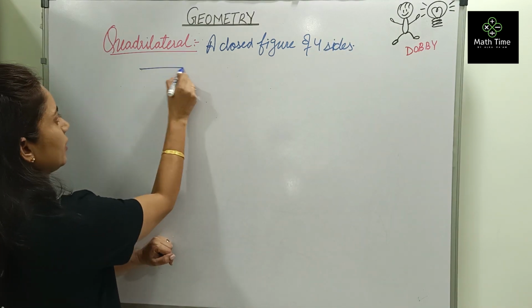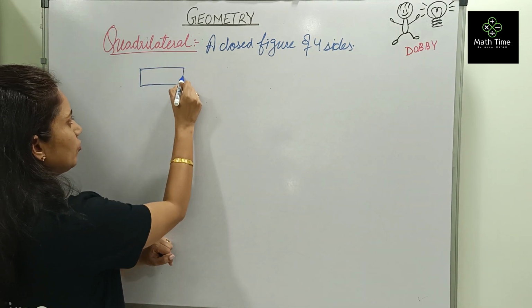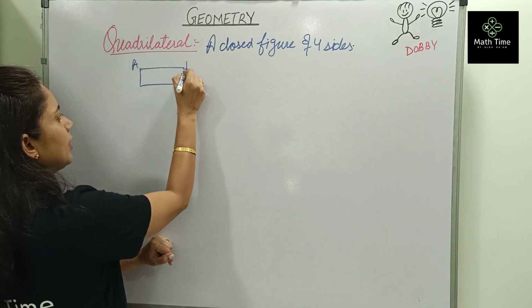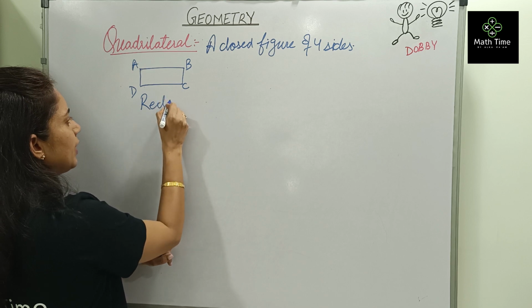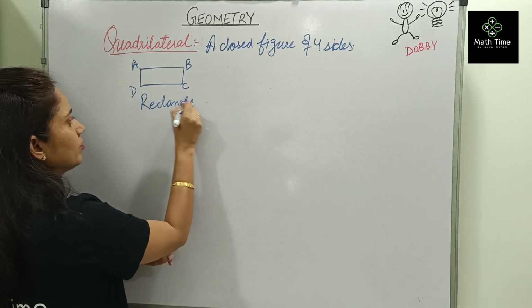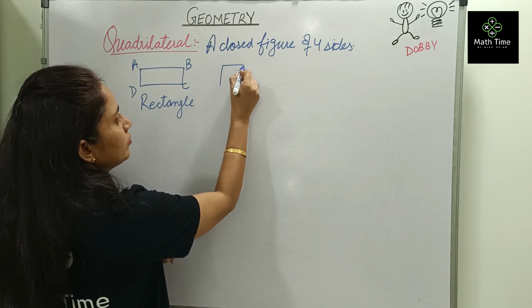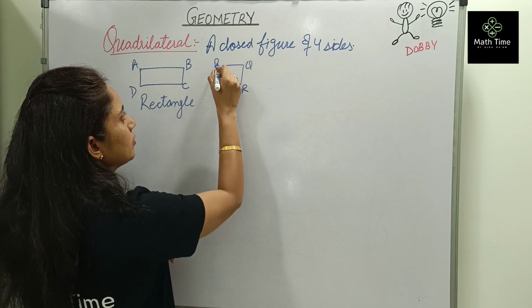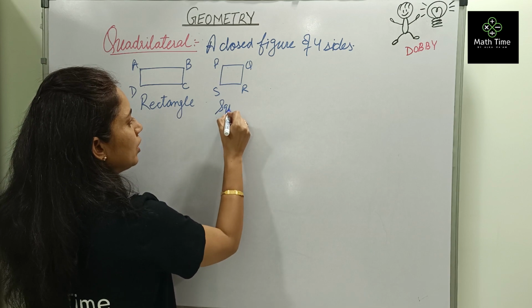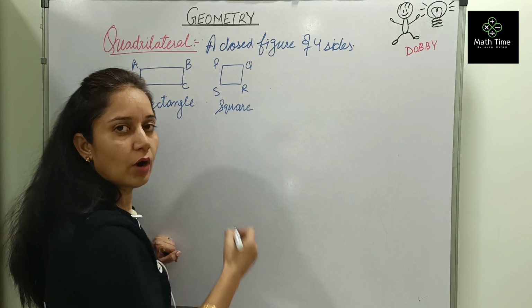It may be a rectangle. This you know, it's a closed figure of four sides. A, B, C, D. So, rectangle comes in the category of quadrilateral. It may be a square. P, Q, R, S. So, square also comes under quadrilateral.